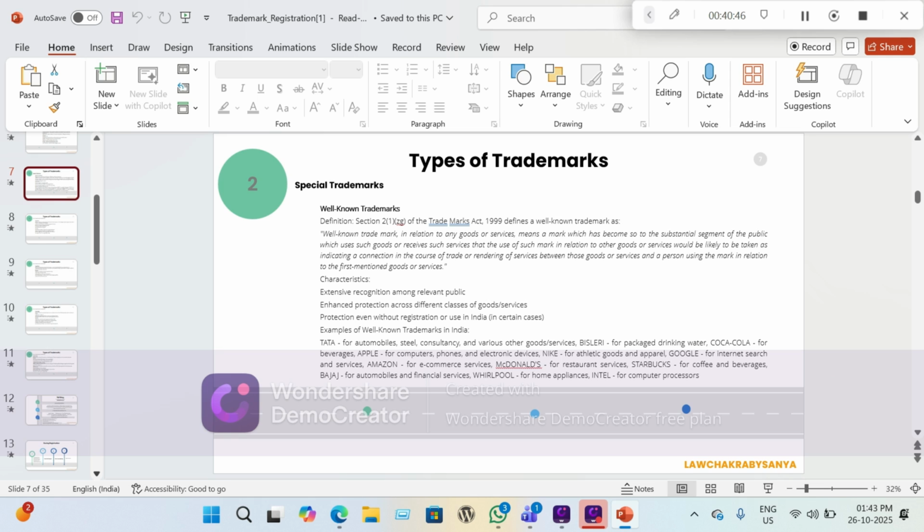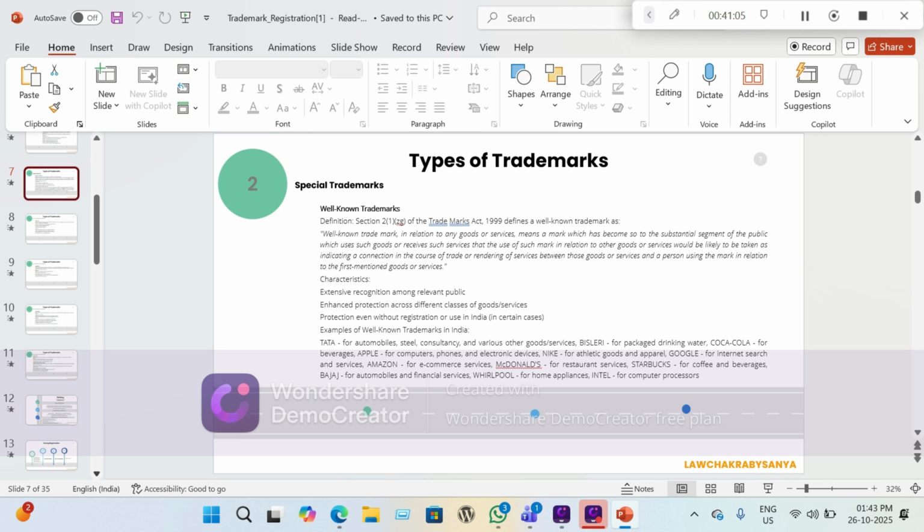Registration, of course, acts as an evidence of you being the owner of the trademark. But even if you don't have a registered trademark, there are certain common law remedies that unregistered trademarks also get.